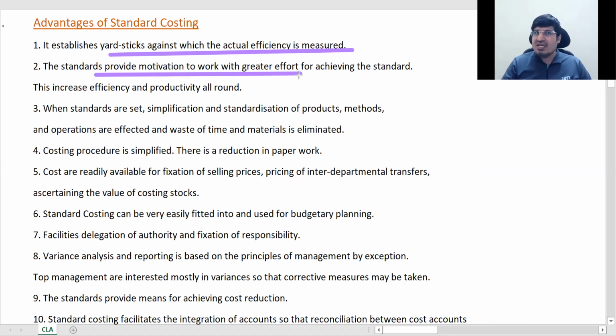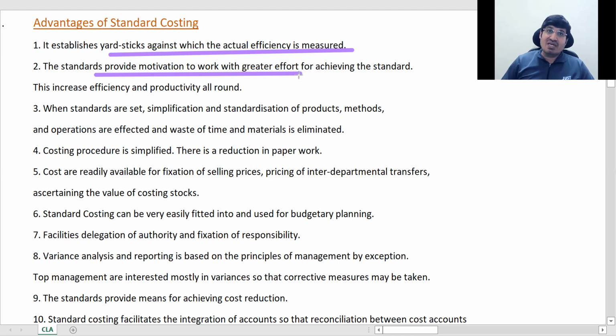Psychologically, even when we go out and come back home, when the house is near, our speed automatically increases.